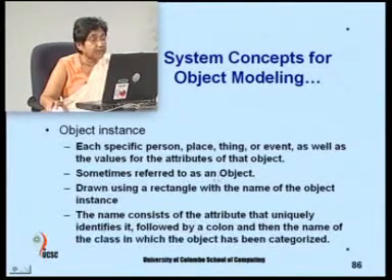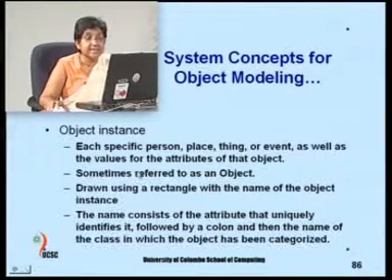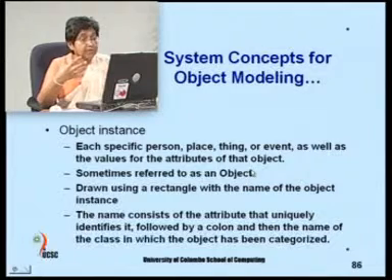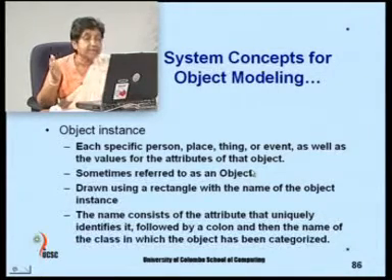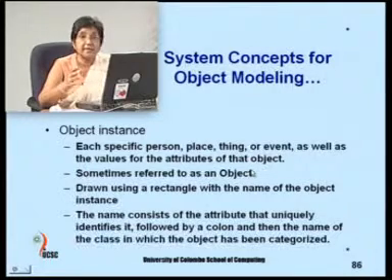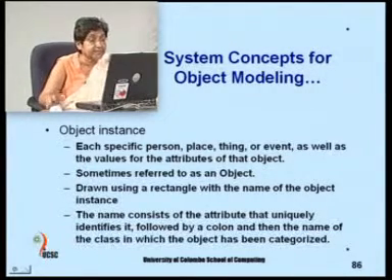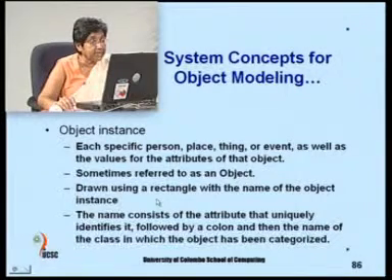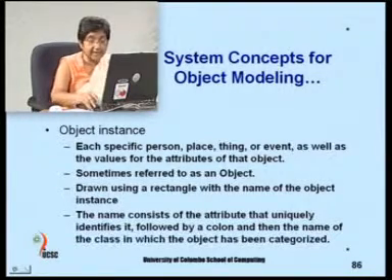Sometimes you may call it an object, but within that object what you have to realize is there will be a number of instances. Say the customer object will have a number of instances of customers, usually drawn using a rectangle with the name of the object instance. The name consists of the attribute that uniquely identifies it, followed by a colon and then the name of the class in which the object has been categorized.